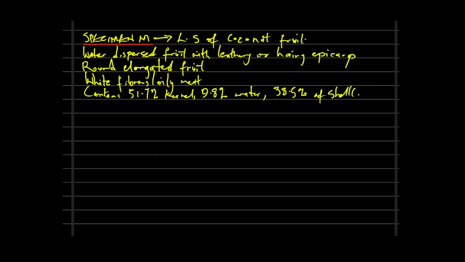So that is the constituent of the coconut plant: 51.7% kernel, 9.8% water, and 38.5% shell.